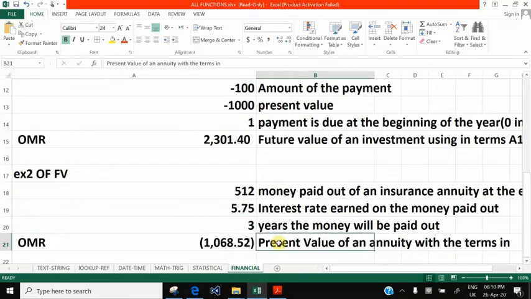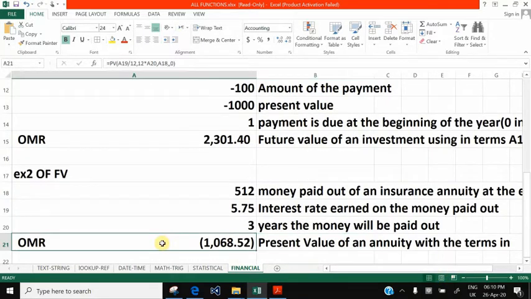The present value of an annuity with these terms is 1,068.52. So these are the financial functions.